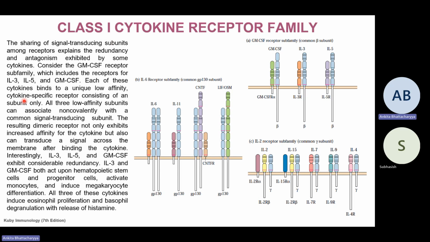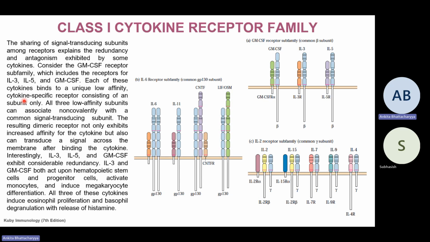All three low affinity subunits can associate non-covalently with a signal transducing subunit, which is the beta chain in this case. The resulting dimeric receptor not only exhibits an increased affinity for the cytokine, but is also very efficient at transducing the signal across the membrane after it has bound its ligand, the cytokine in question.